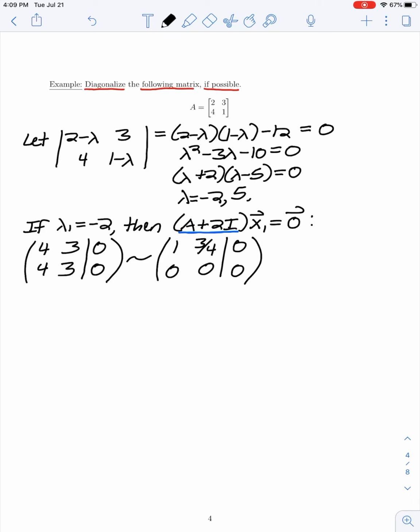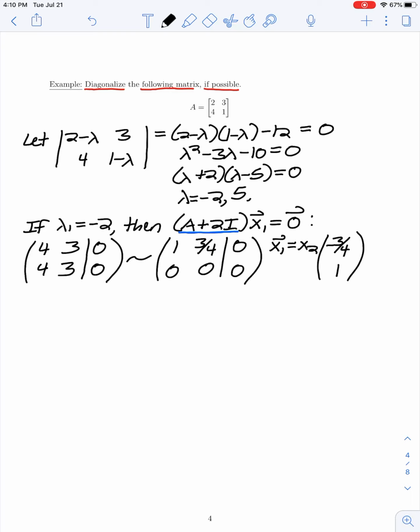We have x2 as a free variable, and then using the first row of this augmented matrix, we would see that our solutions are of the form x equal to the free variable x2 times (-3/4, 1).